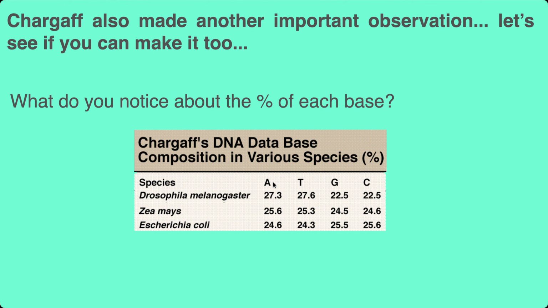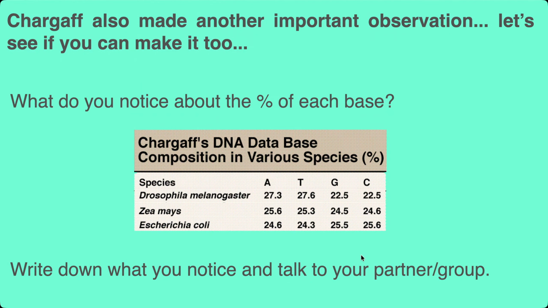Well, take a look at A and T and C and G. The amount of A is very, very close to the amount of T. The amount of C is very, very close to the amount of G. In fact, in E. coli, it's almost exactly equal, right? It's like 24.6, 24.3, 25.5, 25.6.